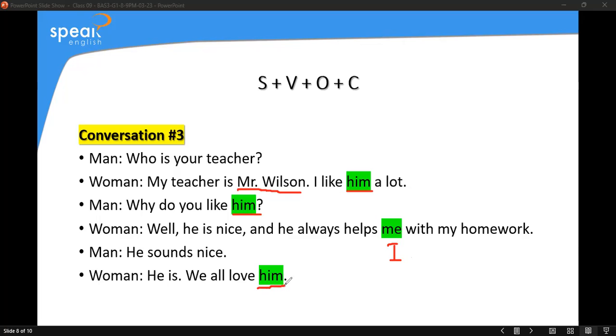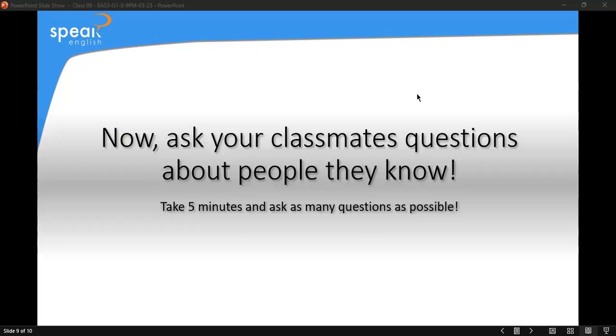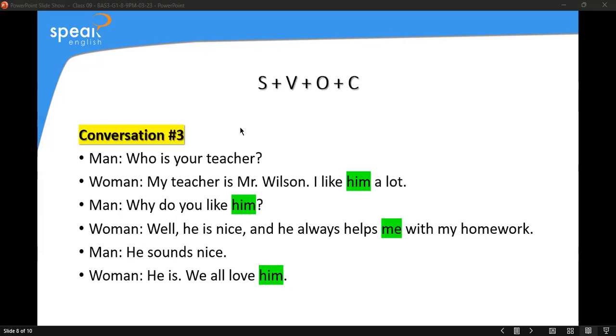And then we all love him again because we're talking about Mr. Wilson. Excellent. Now, with this conversation in mind, we are going to go back to the rooms, and what you are going to do is to try to ask about different people, okay? Try to make a conversation similar to this one, talking about a person.